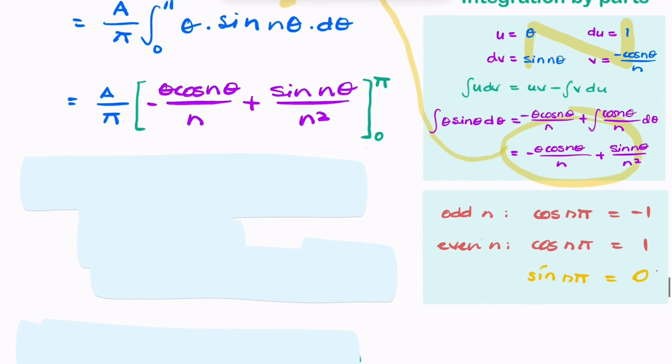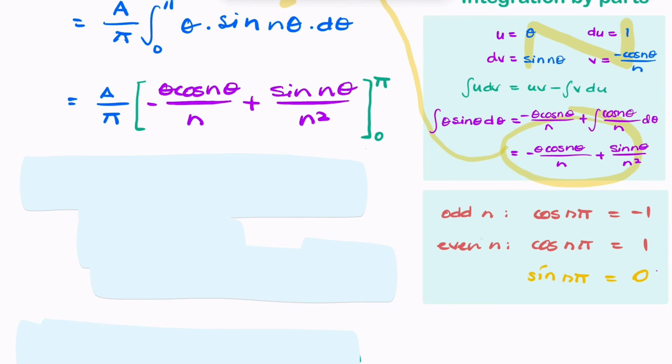And now we're back to substituting the limits. And again, remember, sine any multiple of pi is 0, so you don't need to worry about that, because sine 0 is 0 and sine any multiple of pi is 0, so that's always 0. We need to focus on this.